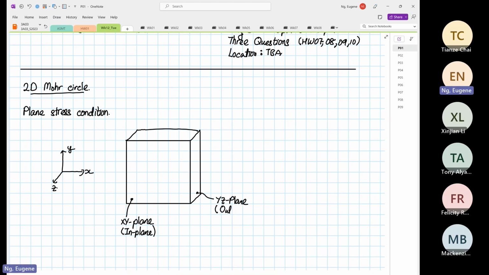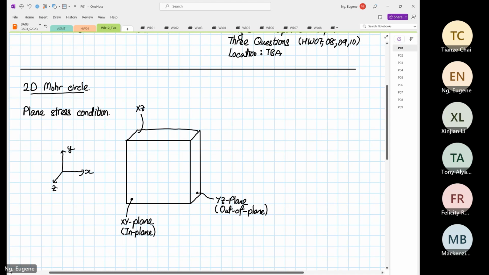This is known as out of plane. And then the third surface over here is our XZ plane, and this is also out of plane.